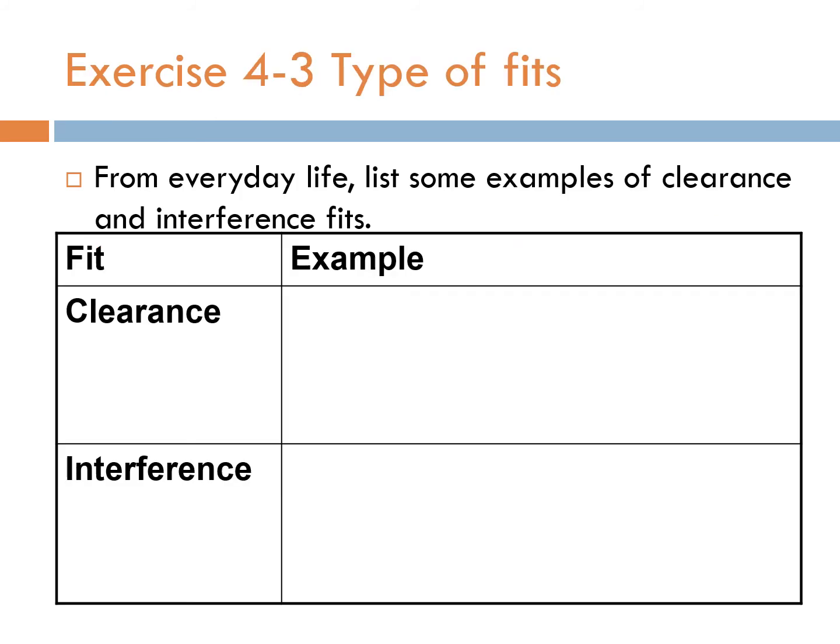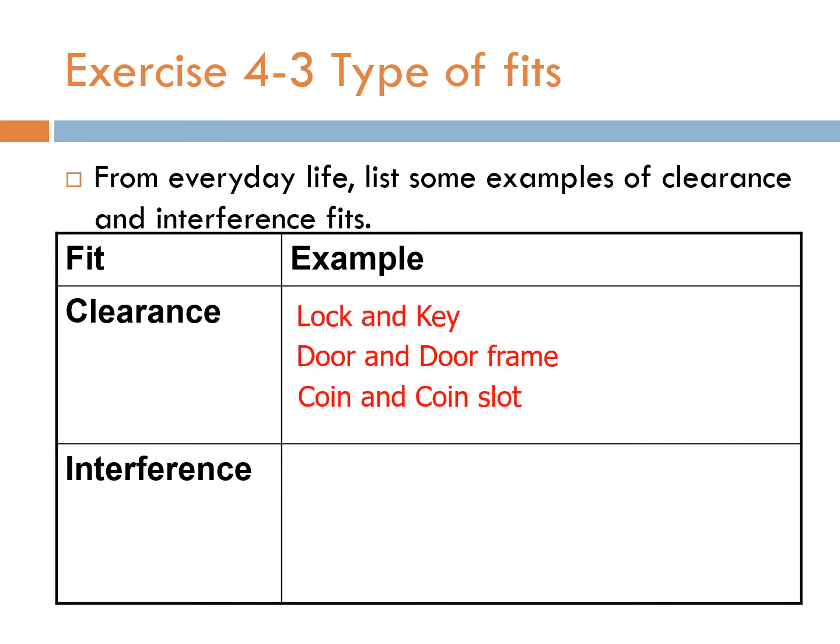So let's think about this in real life. What are the possible things where we will use these two different terminologies? Why do we have a clearance? Why do we have an interference? And what is the purpose of that? For clearance, you absolutely are going to have a space. For example, you have a lock and key.